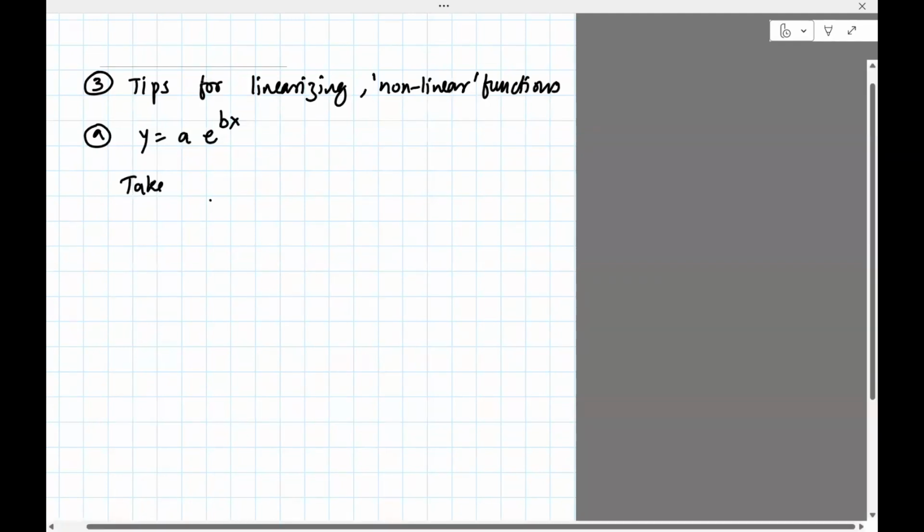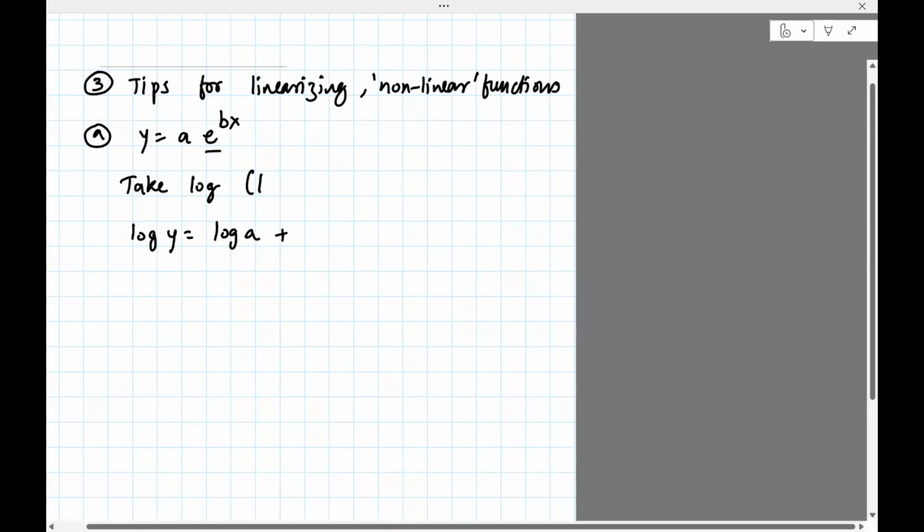So we'll take logs of both sides. So log y equals log of a plus log of e raised to bx. Well, sorry, you need to take log to the base e, because there's an e here.